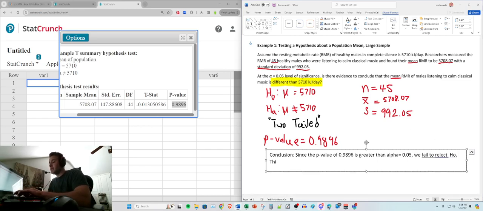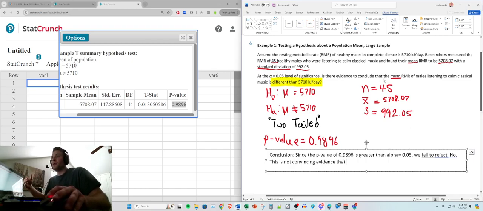Basically what that means is there is not convincing evidence that, well, what were they trying to show? They're trying to show that the resting metabolic rate for males listening to calm classical music is different than what they'd said here.